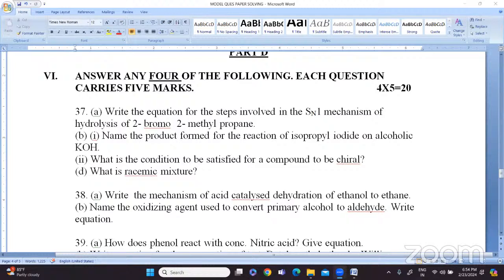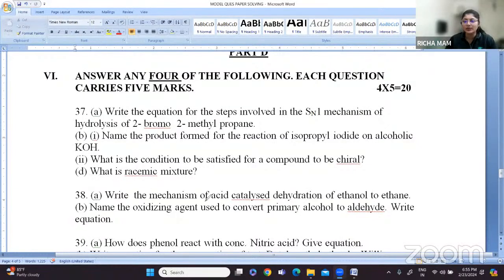There should be no presence of any symmetry in the molecule, which means there should be no plane of symmetry and no center of symmetry. So these symmetry elements should not be present. For a molecule to be chiral, these conditions should be satisfied.